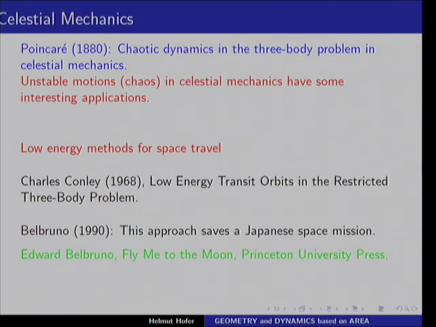And the interesting thing is, he had only some vague ideas, but this method was then implemented in 1990, in fact enhanced, so there was an additional twist to this, and it actually saved a Japanese space mission. I will tell you a little bit about this.